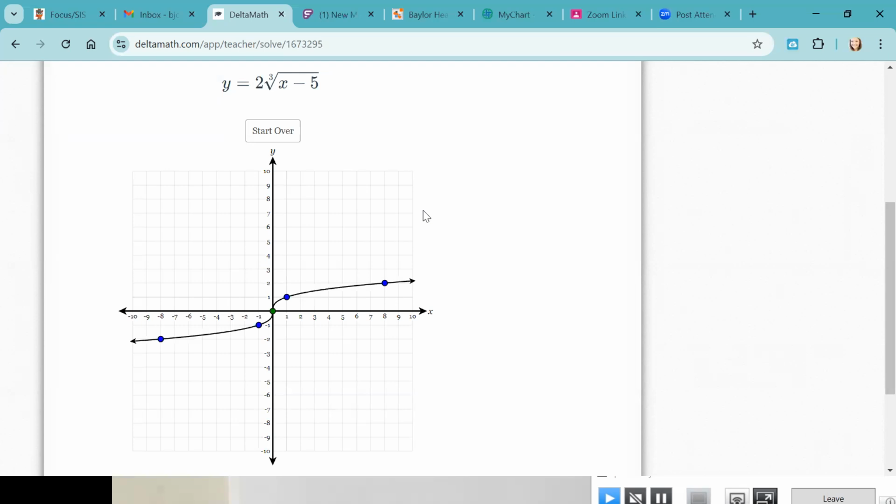Okay, that second question from the bottom. Okay, were y'all able to find this one?